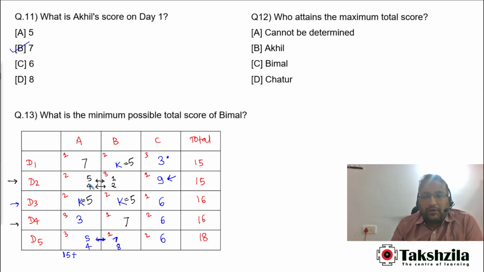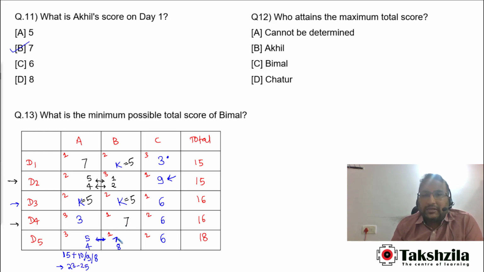Maximum it is going to be 5 plus 5, 10. It can be 5 plus 5, 10, or it can be 5 plus 4, that is equal to 9. It can be 4 plus 4, that is equal to 8. The total score of A is going to be 23 to 25.